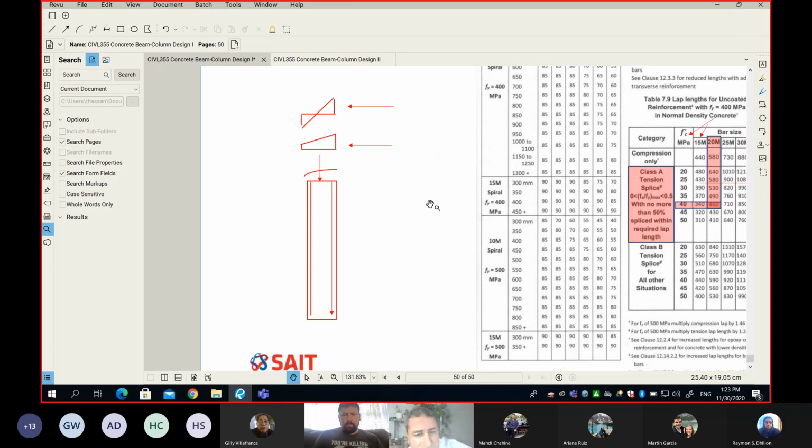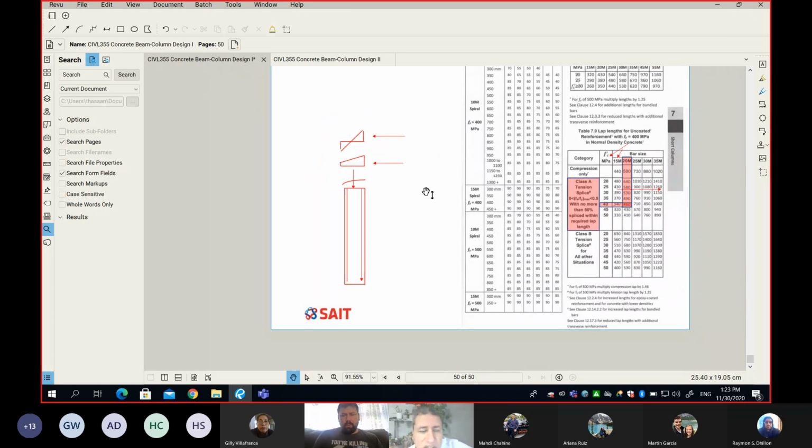As Muhammad said, it depends on the eccentricity, and I would say it depends on the moment. So let me give you some math. Let e be the eccentricity, P the axial load, and M the moment.